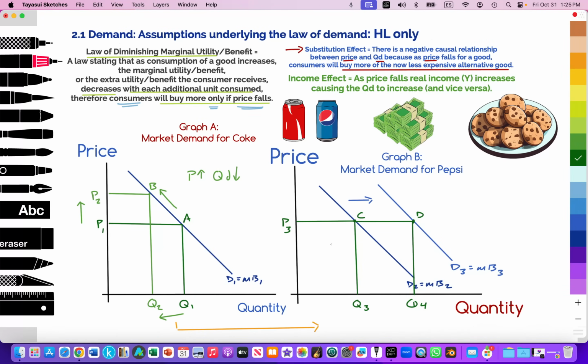And we can also illustrate it the other way. Again, let's say, for example, that Coke starts off with a price of P1. Actually, let's erase this and this, and just relabel here.